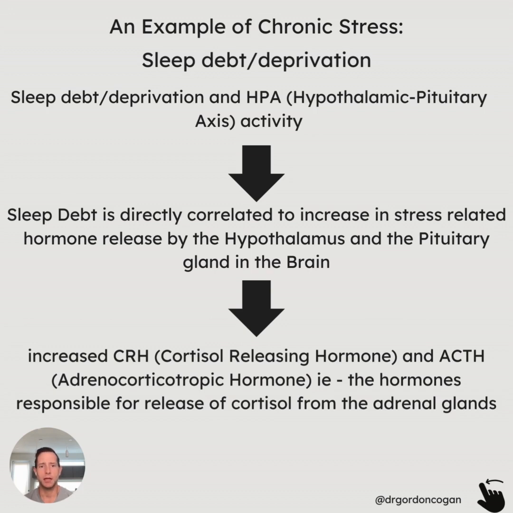So sleep debt or deprivation can be expressed by certain parts of the brain that are involved in stress response, particularly two parts, the hypothalamus and the pituitary, that are then directly influenced to increase the release of stress-related hormones. These two hormones are listed there. That's CRH and ACTH. Long story short, two of the major hormones that are responsible for the body's release of cortisol from the adrenal glands.